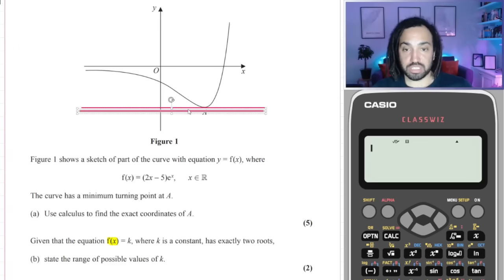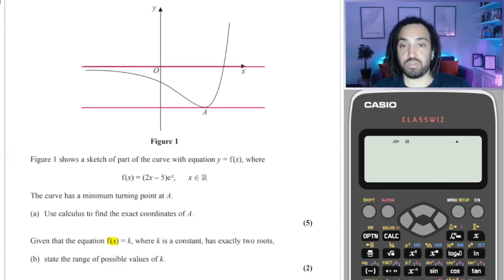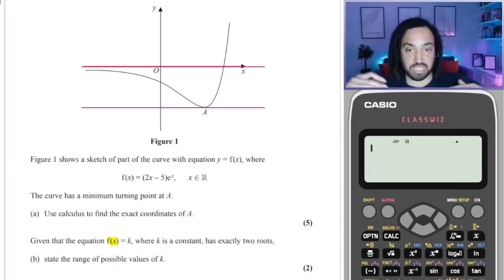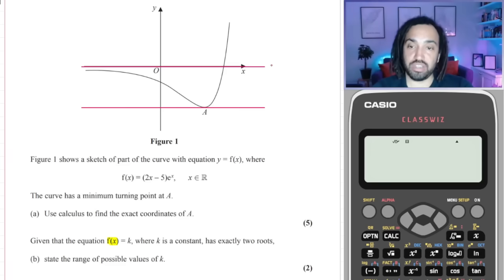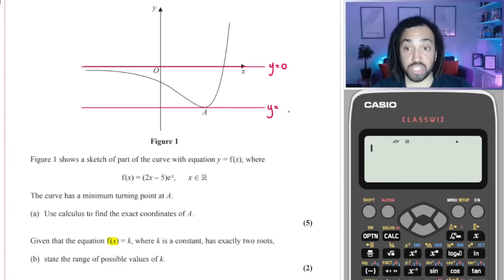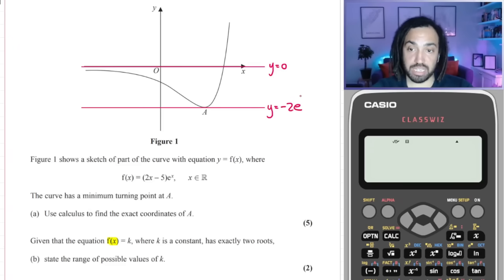Okay, so if I just take this and this, those in between there is where it's going to hit twice. And this is y is equal to 0, and this is y is equal to the y coordinate of the turning point, which is minus 2e to the 3 over 2.